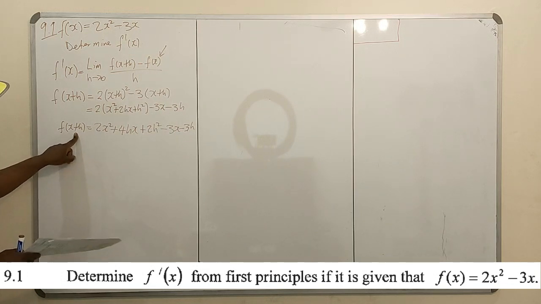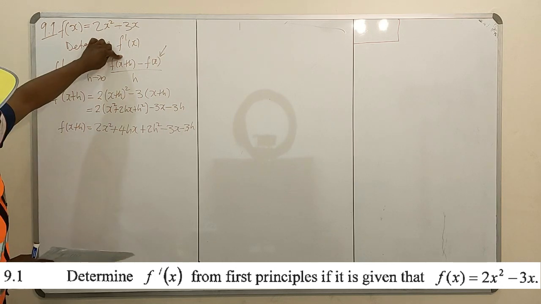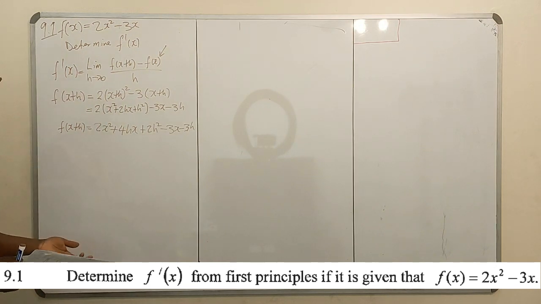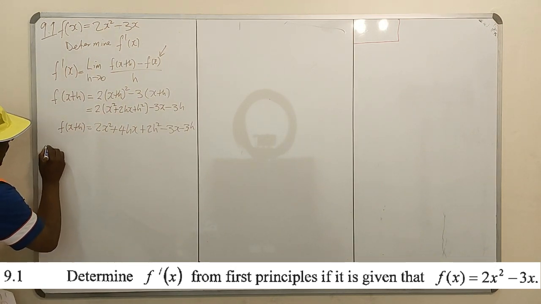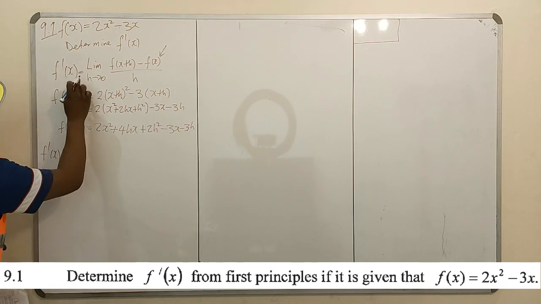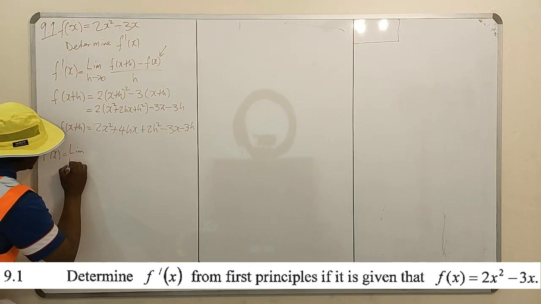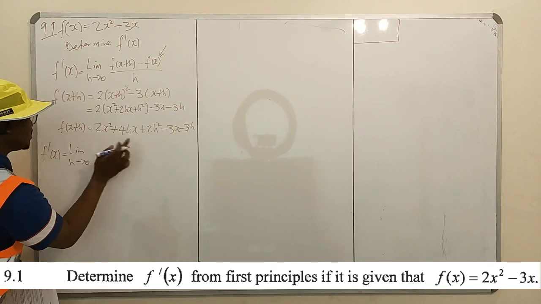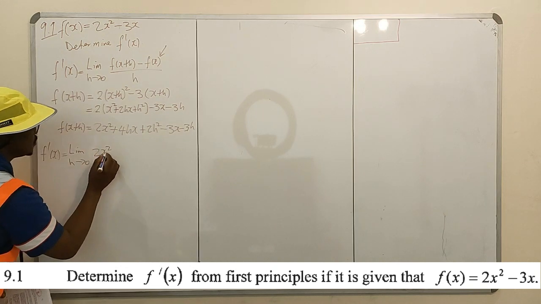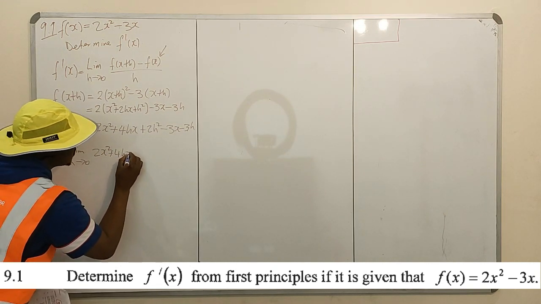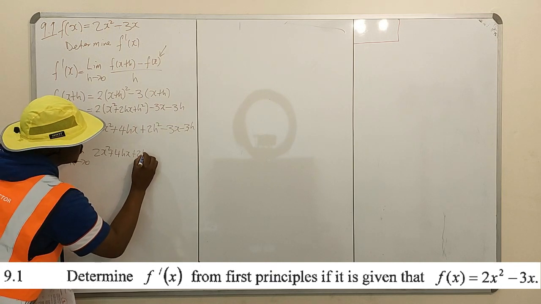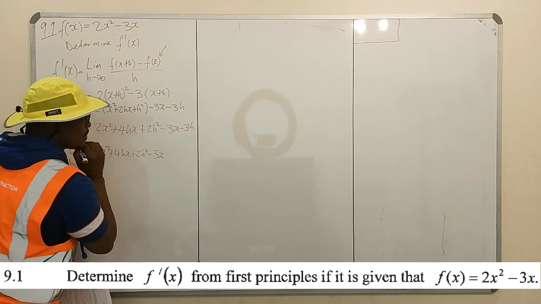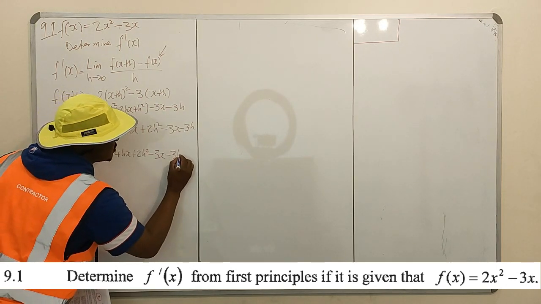So you substitute your f at x plus h here, and your f of x, and then you simplify. So you say, okay, f prime at x is equal to the limit as h goes to 0 of f at x plus h. F at x plus h is this thing here, which is 2x squared plus 4hx plus 2h squared minus 3x minus 3h.